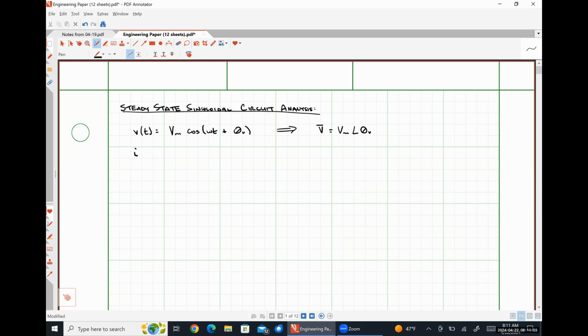And we can do the exact same thing for a current.